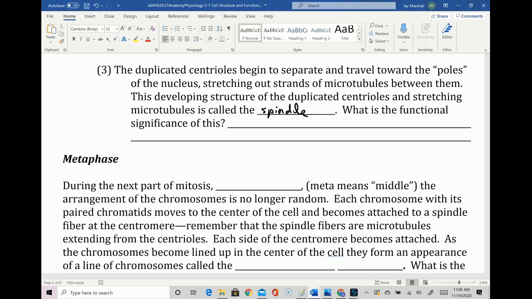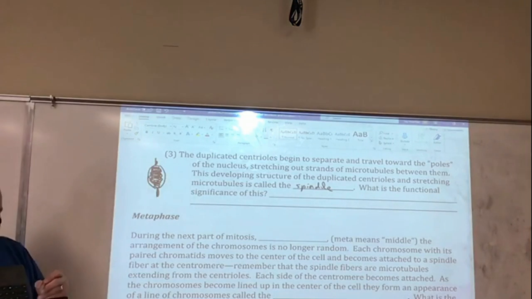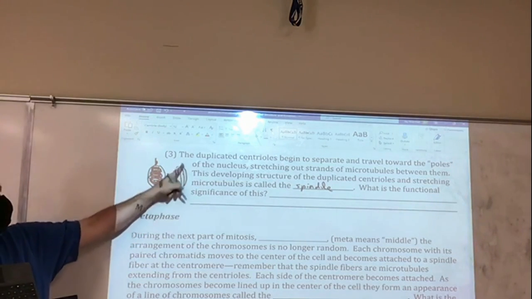Yeah, it's like on a weaving machine or a sewing machine. I have a spindle that holds the yarn, right? It holds the yarn, and it has kind of a shape like this. And so the early anatomists thought that this whole structure kind of looked like a spindle, where I have this at one end and this at the other end, the centrioles at both ends.